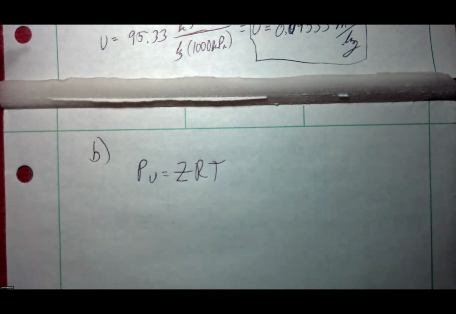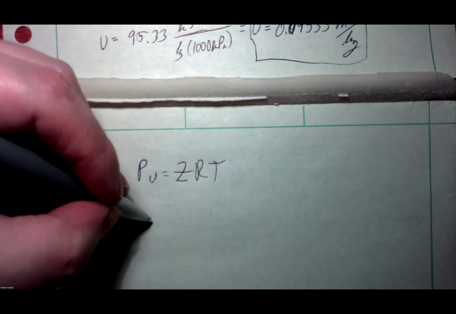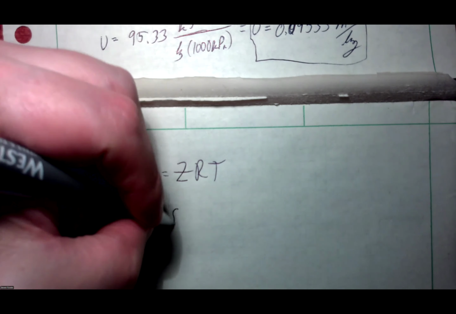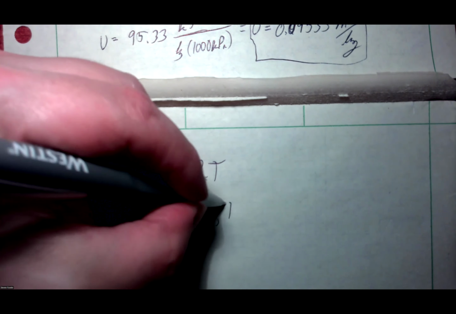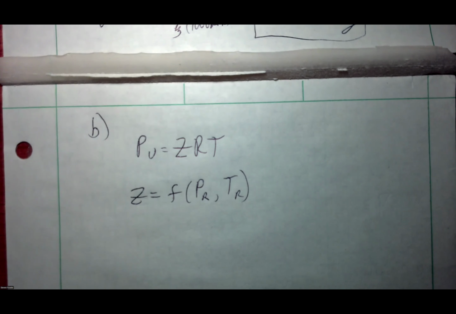Well, I already know the R value for water. That's known. I need to know Z. Well, Z is a function of what we call the reduced pressure and the reduced temperature. We use a chart, a graph, to find that. We already kind of saw that a little bit ago.